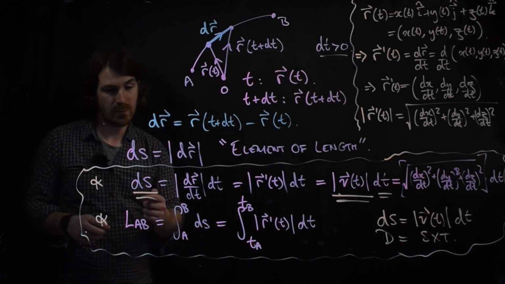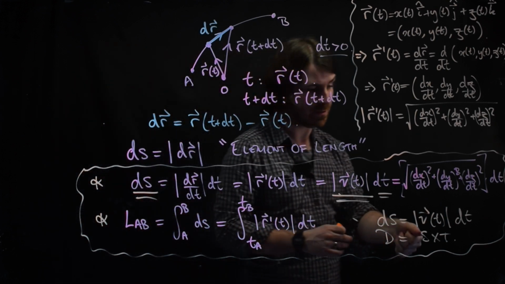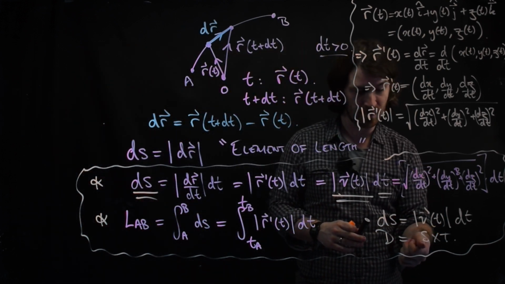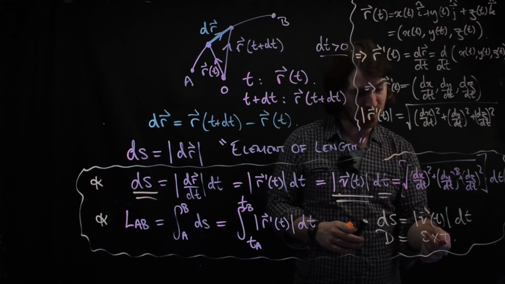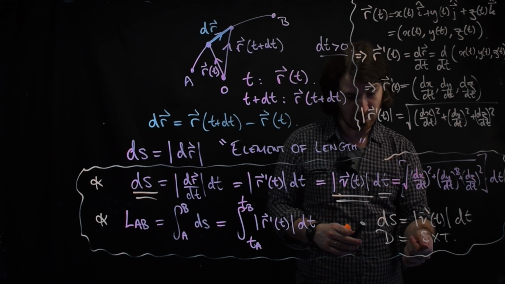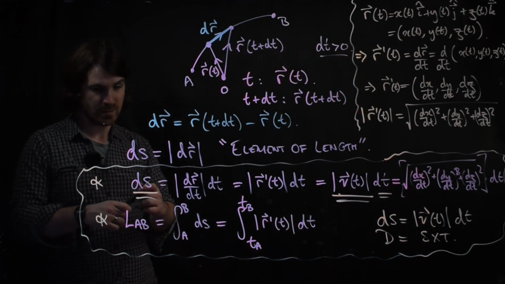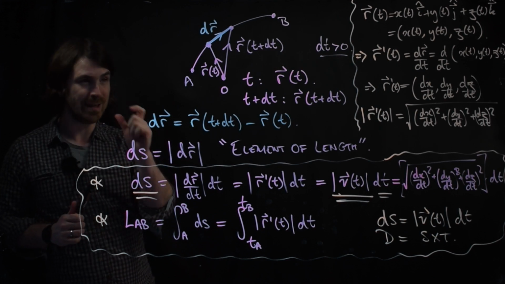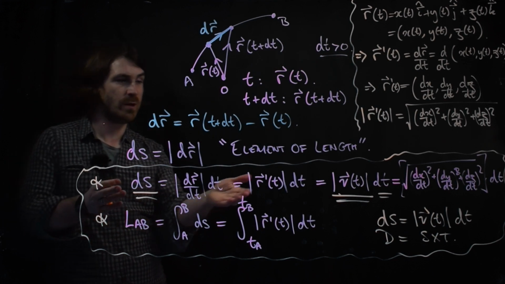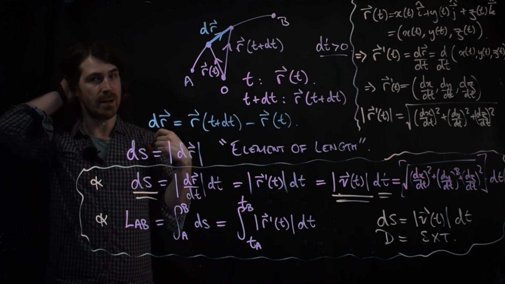So this ds really is a length. If you're traveling with a speed of 1 meter per second, and you let 1 second pass, then you will travel 1 meter. So this s really is the length of the curve, and this is why it's called the element of length. So let's look at an example now.